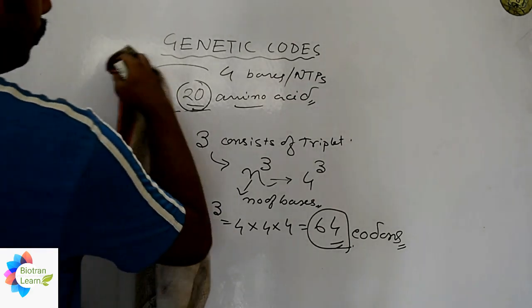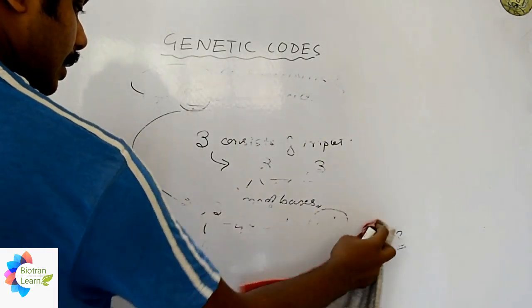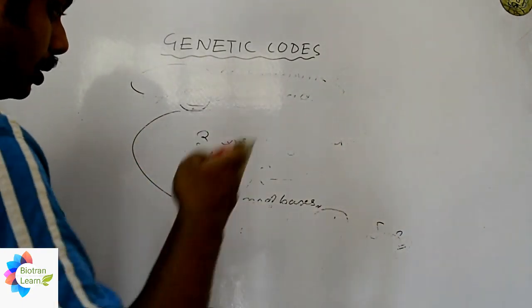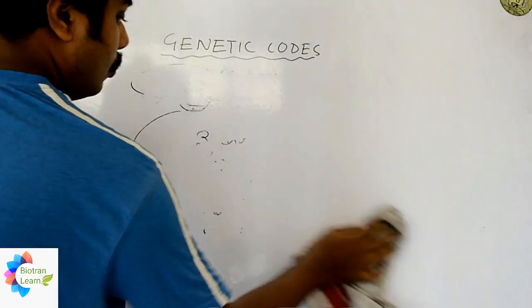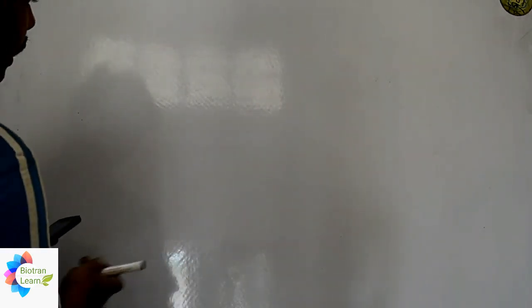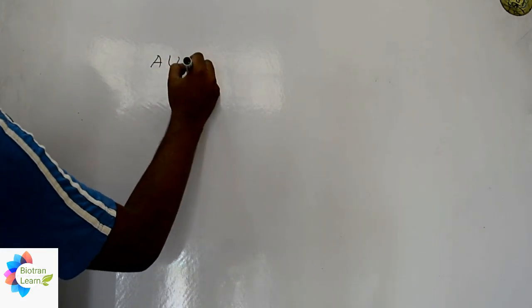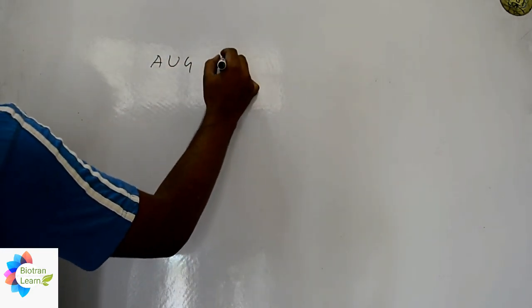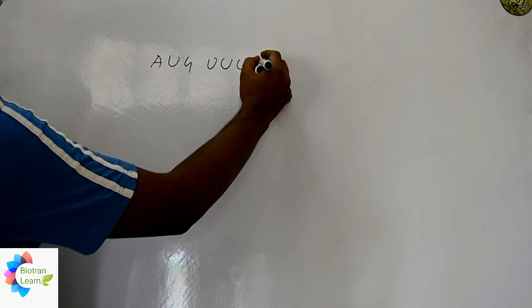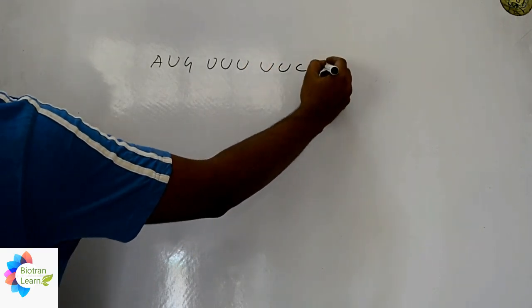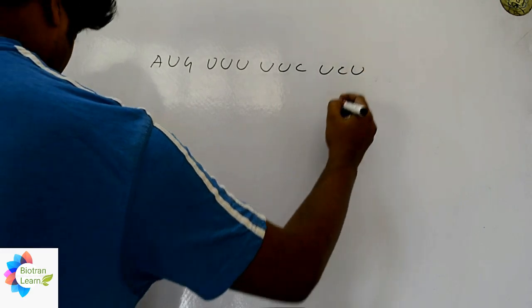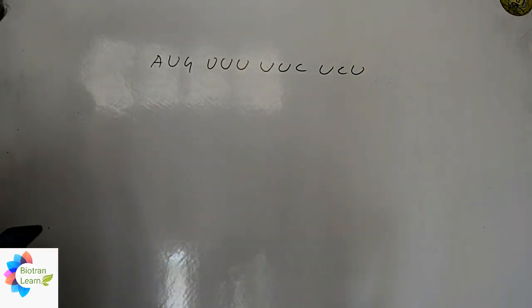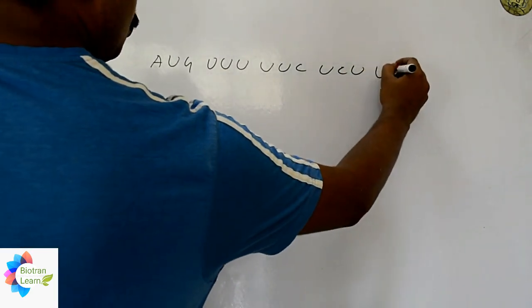Suppose I am writing a code in this section. Suppose I have written AUG, UUU, then UUC, UCU, then UUU.